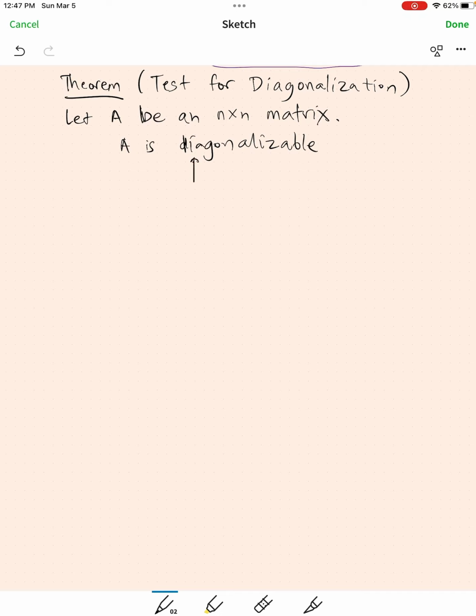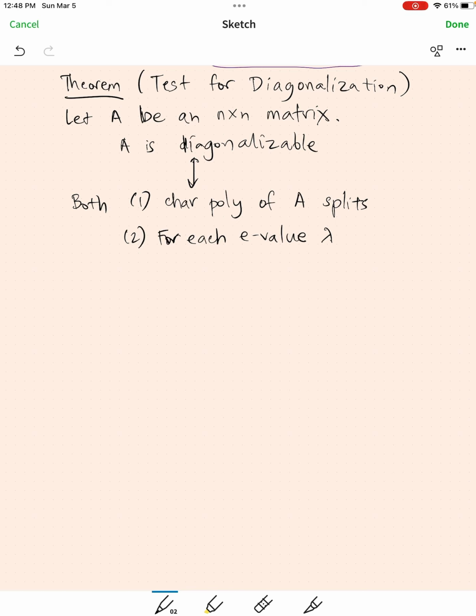And a criterion for checking if a matrix is diagonalizable or not is both, okay, the first thing, the characteristic polynomial of A splits into a bunch of linear factors, and for each eigenvalue lambda of A, the geometric multiplicity has to equal the algebraic multiplicity.